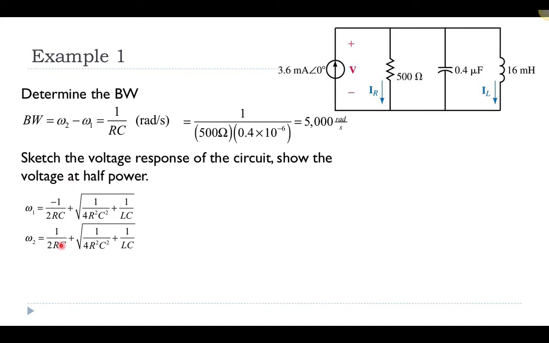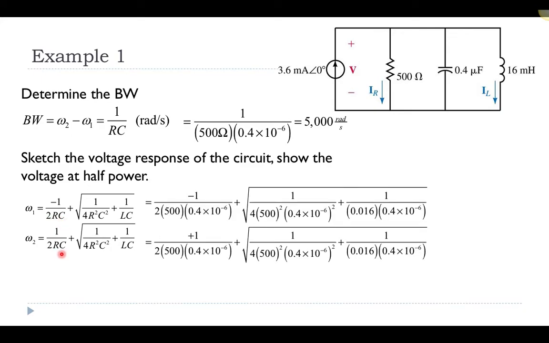In order to do that, I really should figure out what those half power frequencies are so I can make a good picture of what's going on. So I can determine the lower half power frequency and the upper half power frequency by plugging in the values that I have in my circuit. And I've left off a lot of units here.